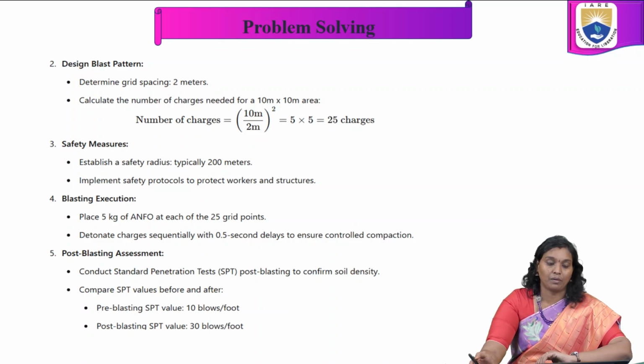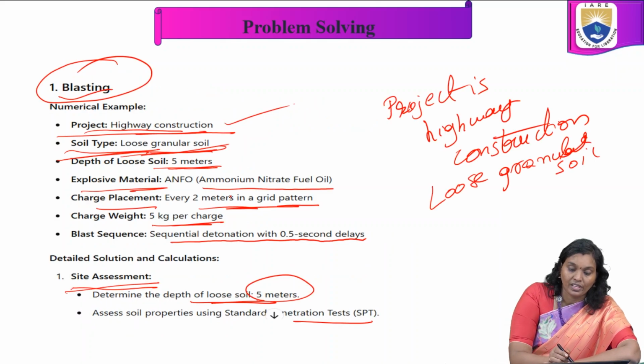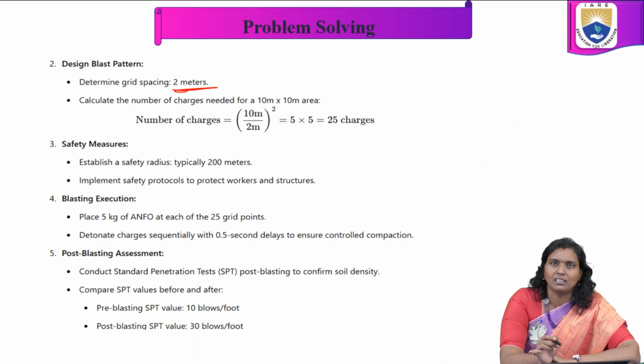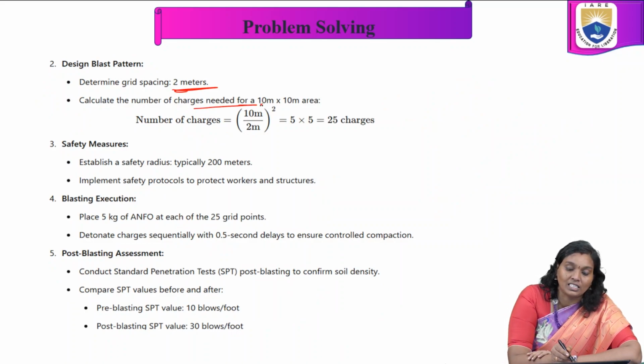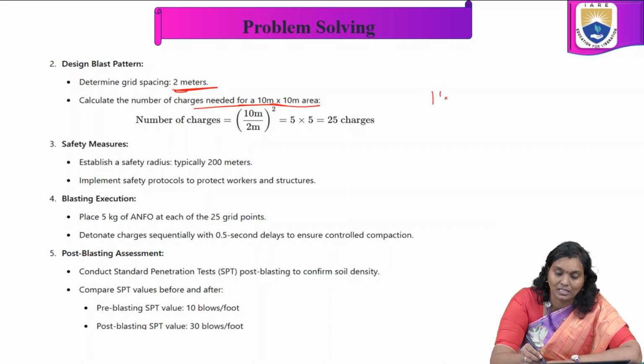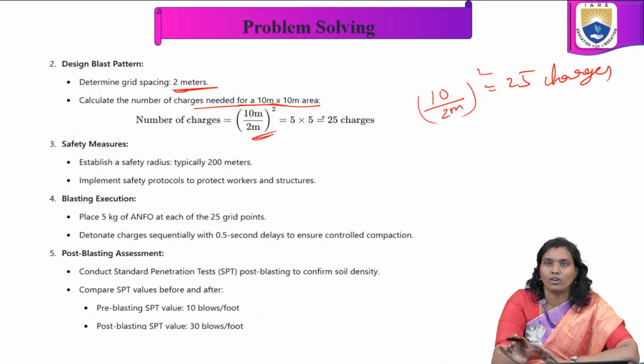Determine the grid spacing as 2 meters, already considered as every 2 meters in the grid. Calculate the number of charges required for this particular area. The number of charges depends upon the area, and that is equal to 25 charges after calculation. It may vary. This is the procedure.